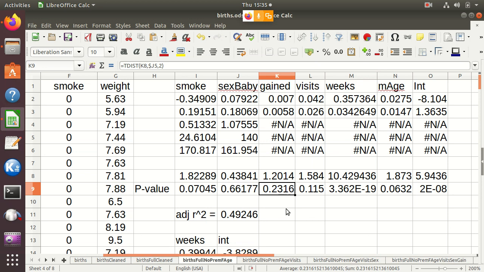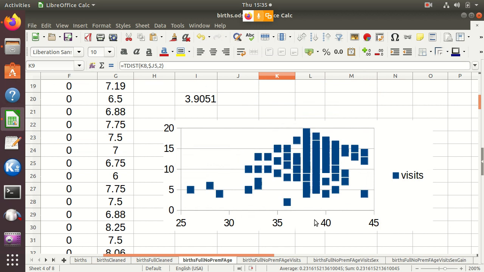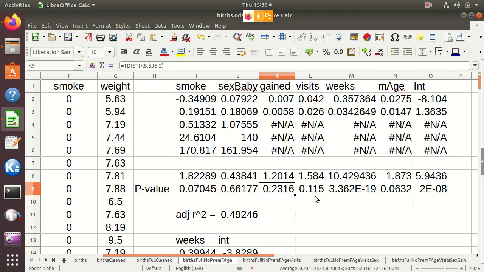Now, I started thinking about the same thing with premature and mature, or premature and full term. And I thought, well, the number of visits you get in is going to have to do with how long you carried that baby. If you go full term, you can have more prenatal visits. So maybe I should look at that.